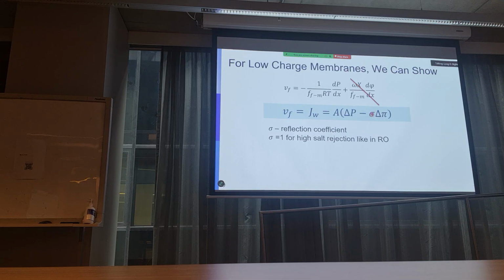For reverse osmosis, we know the reflection coefficient is 1, so we can derive this equation. The only difference here is that the permeance is a function of the friction coefficient, not a function of the solubility and diffusion as in the solution-diffusion model.